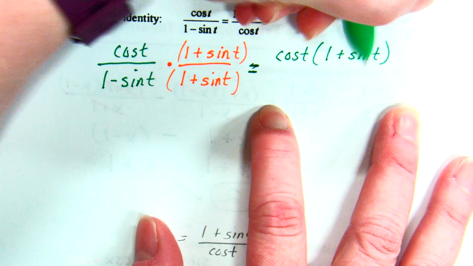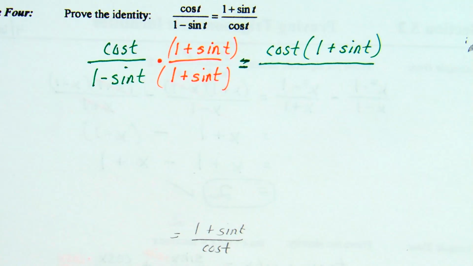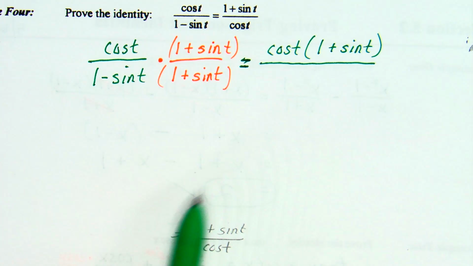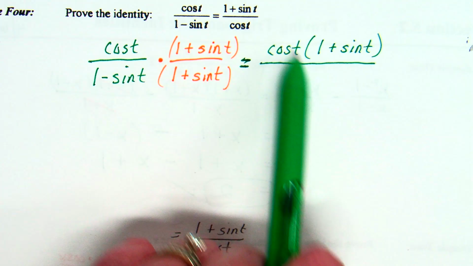A Pythagorean identity. The Pythagorean identity we know is sine squared t plus cosine squared t equals 1. So again, this is my side notes box. If you don't need this, don't do it. What do I need to do? Subtract the sine squared over. So then I'm going to have cosine squared t is equal to 1 minus sine squared t.